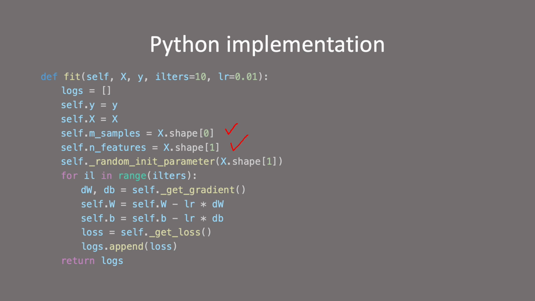Then I randomly initialize the parameters by uniform distribution. After each iteration, I calculate the gradient of the parameters, calculate the loss value, and store it in an array.